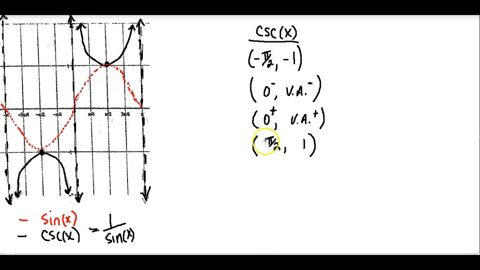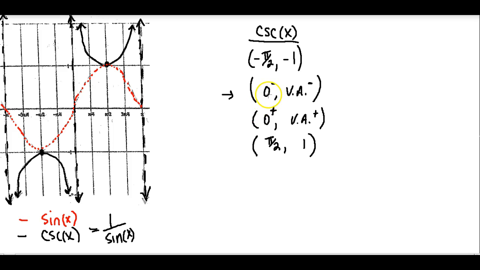So now that we have all that established, we see that some of our key points for cosecant are what I have listed here. I took the very simple ones to see what happens when x is minus pi over 2, as well as pi over 2, and then where our vertical asymptotes are. Just to be clear here, for this point, you see that I have 0 with a negative sign there, and vertical asymptote with a negative sign. I'm just describing the behavior.